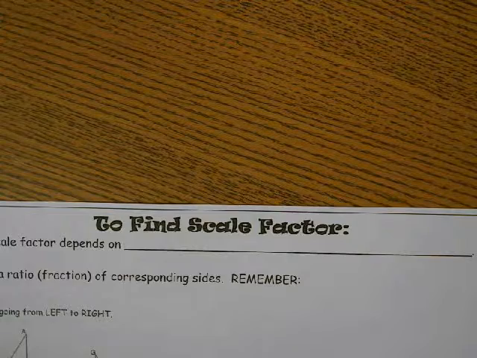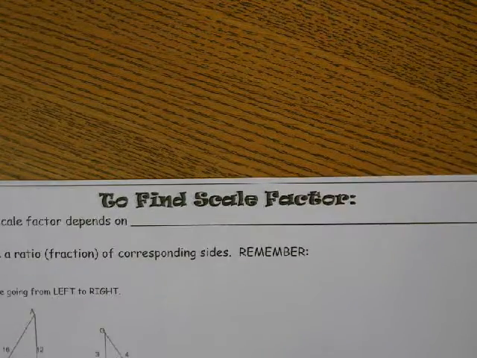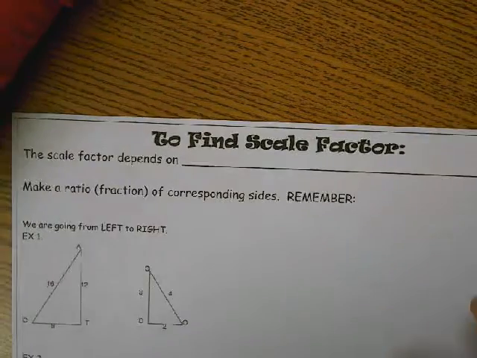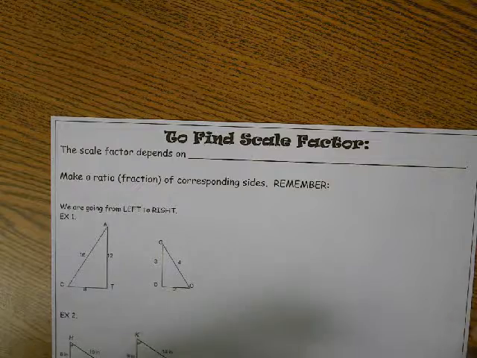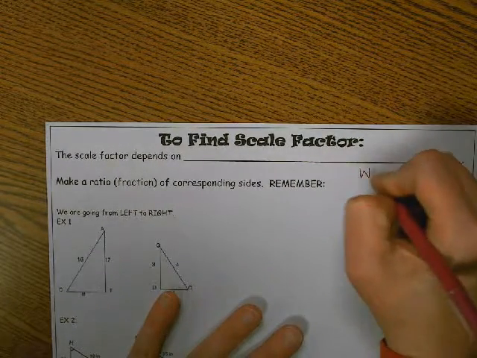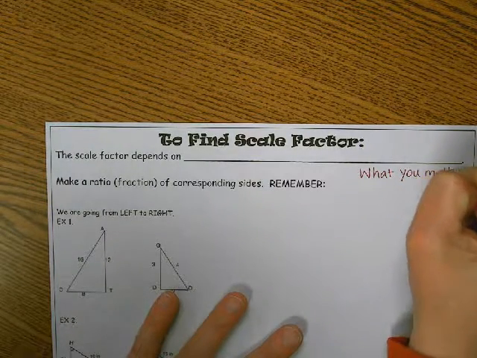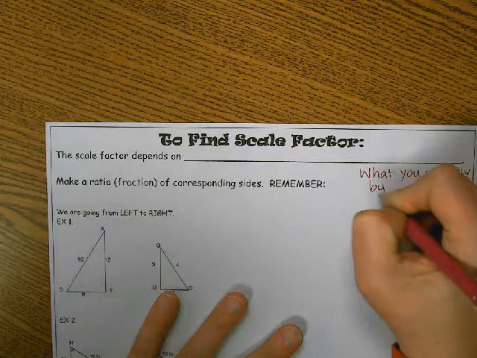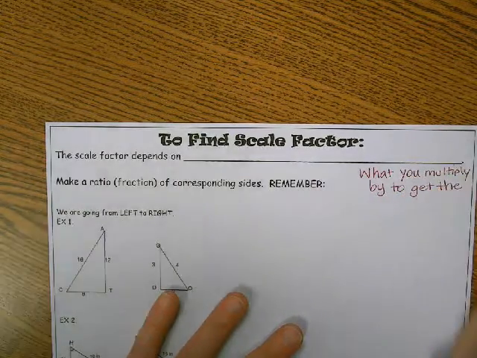So to find scale factor, you must write a ratio, okay? So scale factor is a ratio. It means the number that you multiply by to get to the next figure. So scale factor is what you multiply to get the new figure.